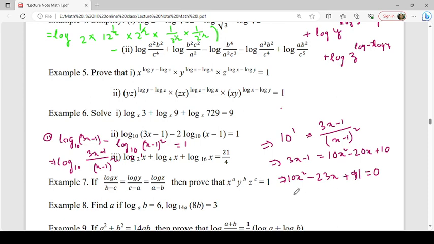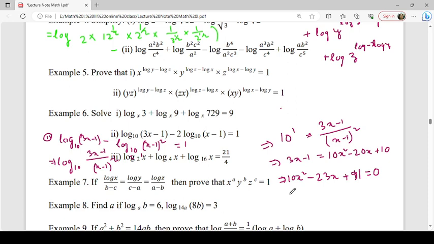We have 10 times (x minus 1) whole square equal to 3x minus 1, and then solve it. So simplify it. It is a quadratic equation, and we will have some solutions.